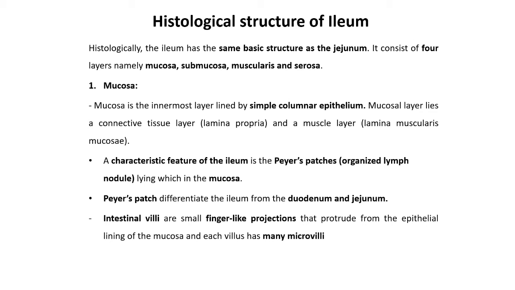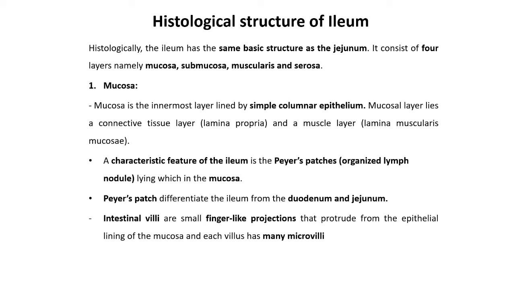So duodenum is a C-shaped structure of small intestine, and that leads into jejunum, and after the jejunum there starts a 3-meter long tube, that is nothing but ileum. So this ileum bears Peyer's patch. These Peyer's patches are immunological in function. Then the intestinal villi are there.